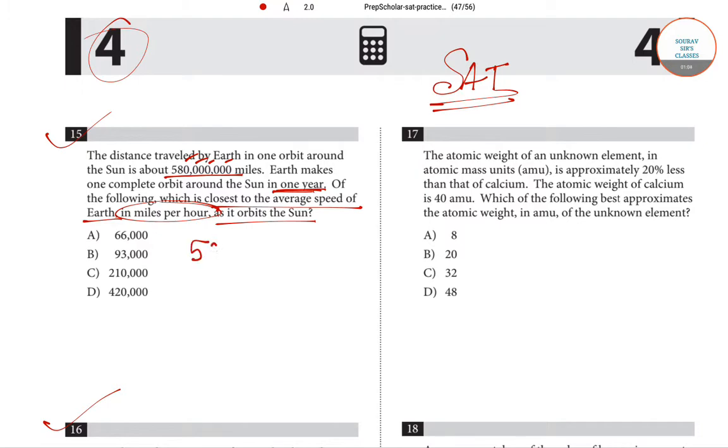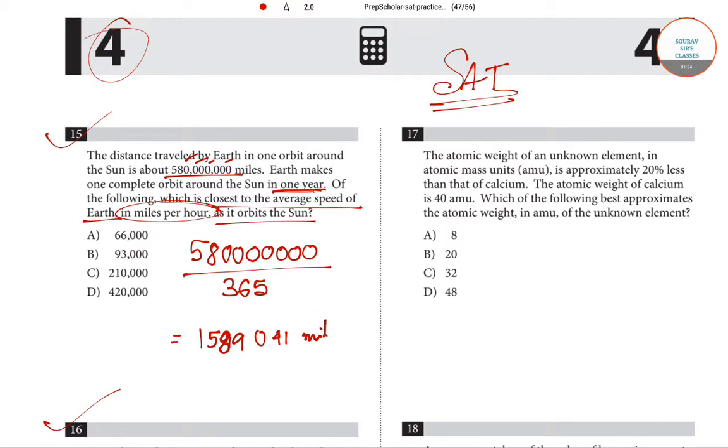So 5, 8, 1, 2, 3, 4, 5, 6, 7 zeros divided by 365 is the miles per day travelled or distance covered by Earth. This is the miles per day, which is equal to 1589,041 miles.